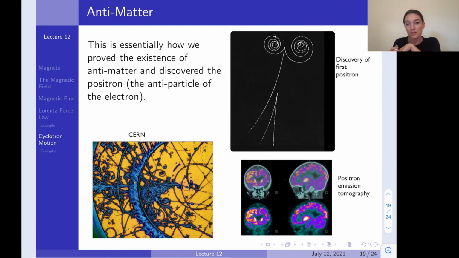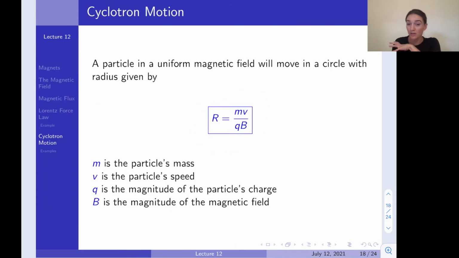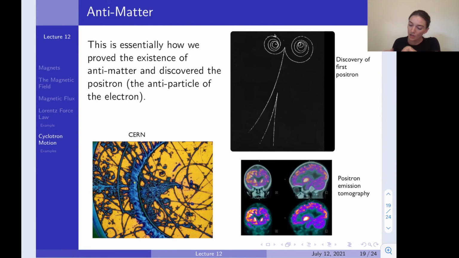And cyclotrons, or at least this sort of equation, is actually how we were able to prove the existence of antimatter. So here is the discovery of the positron, which is the antiparticle of the electron. So it's charged the same magnitude as the electron, but positive. Same mass. Everything else is exactly the same as the electron, except it just has a positive charge.